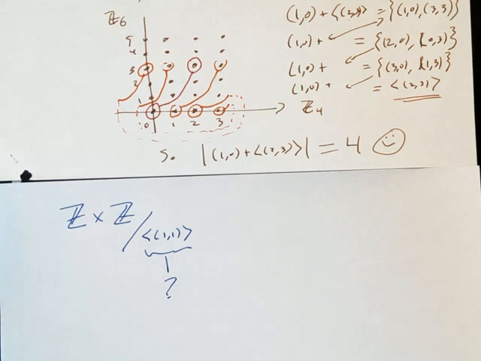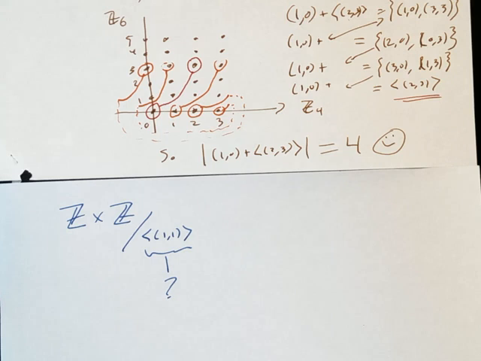Unfortunately, no. That would have numbers that I can't get just from 1, 1. Because remember, the only thing I'm allowed to generate with is that element, right? So it's ordered pairs of the same number in each coordinate. Right, so I get 2, 2, and 3, 3, and 4, 4, and 0, 0, and -1, -1, and negatives, because it's a group, right? That's a line. That's the line y equals x.